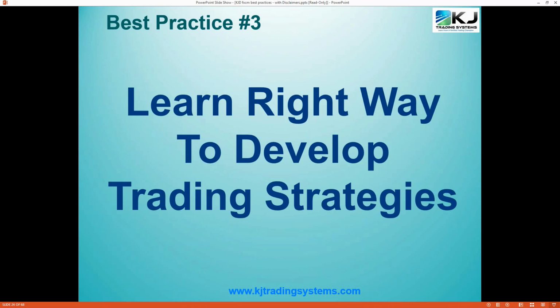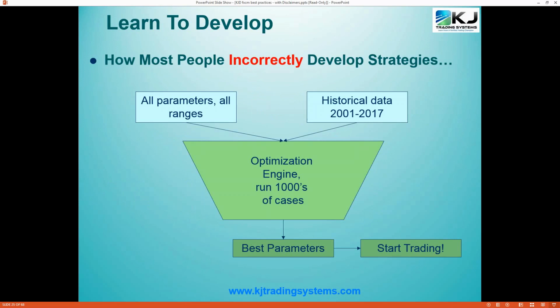So once you've learned how to program strategies, you've actually got to develop them the right way. This is the development part: once you program it, you've got to know how to test a strategy the right way. And here's how most people do it.